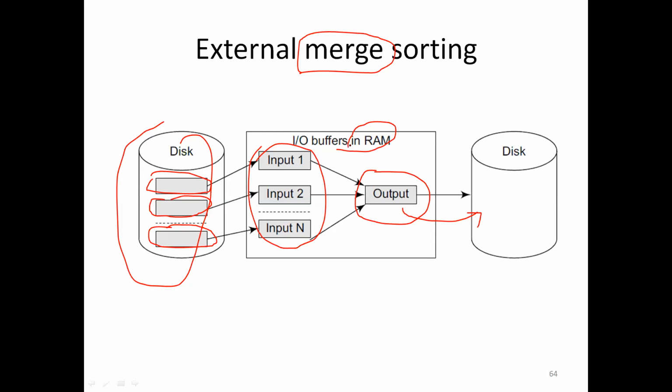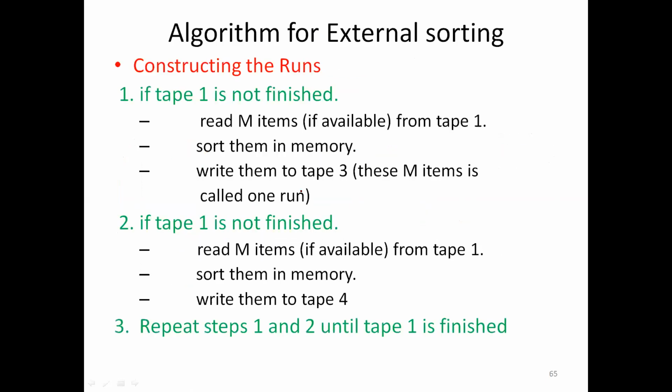Then the remaining 500 MB from the external storage is taken and stored in the RAM. Then I will perform the sorting, then again store it in the external storage. Then perform the merge sort. So this is how the sorting works.